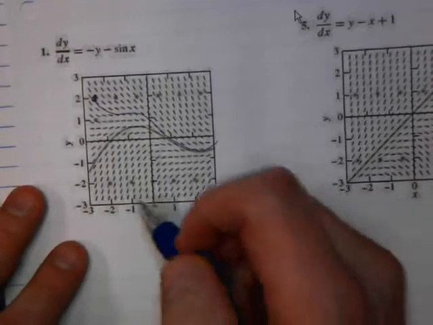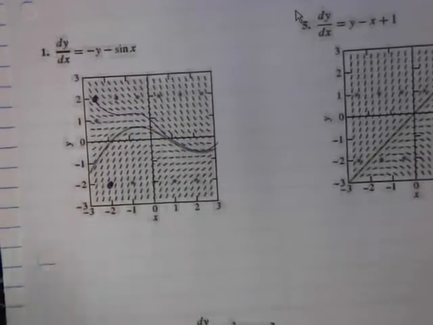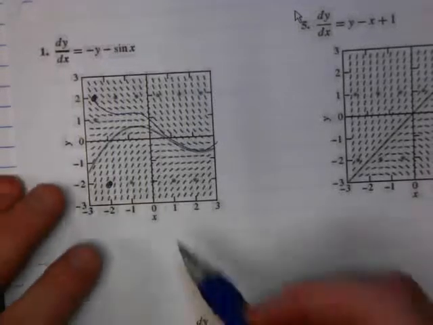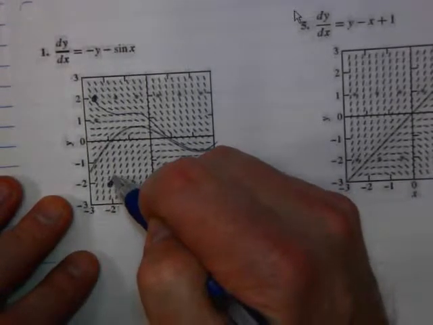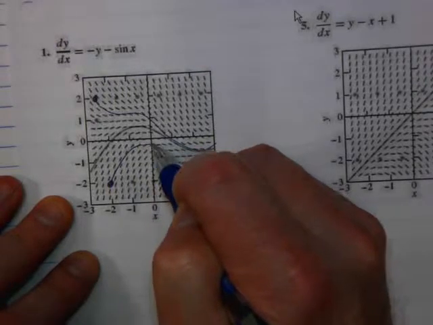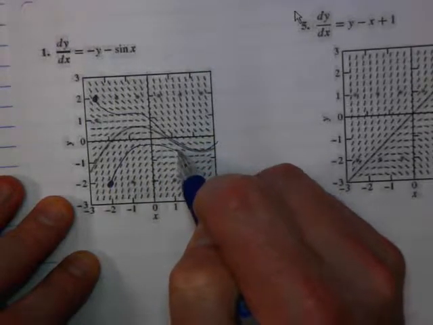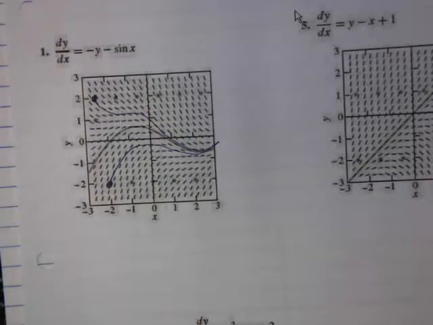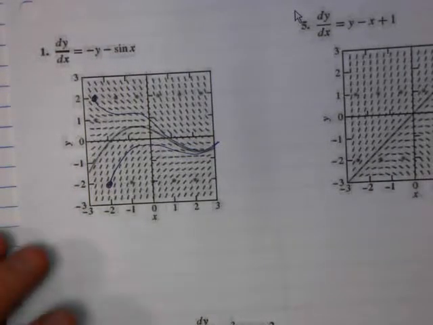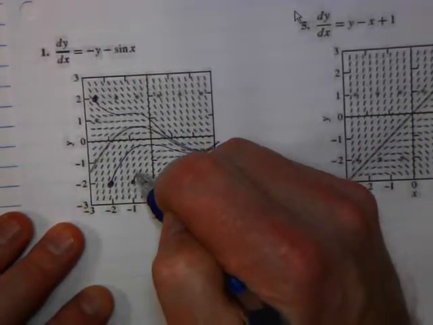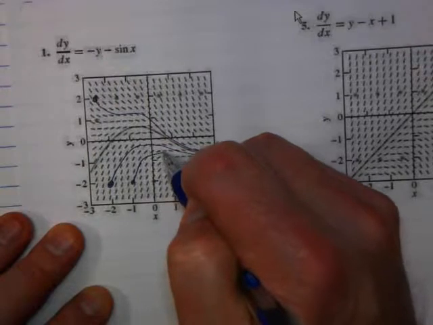What if I were to pick that initial point down there? It moves upward, kind of levels off, and then seems to, again, follow along that curve. And I think with this one, it doesn't really matter where you start. If I were to start down here, it kind of curves up, levels off.